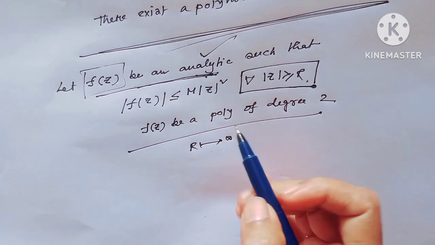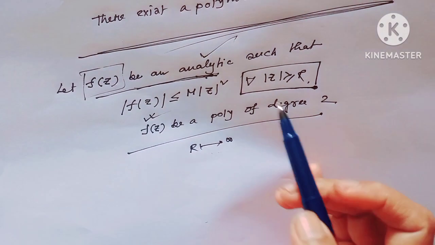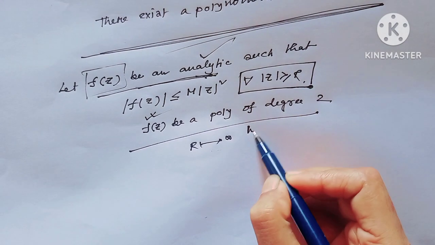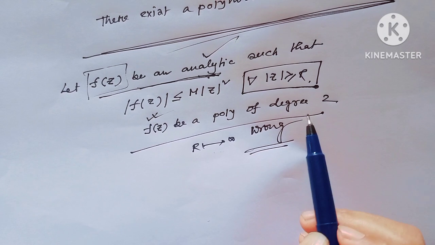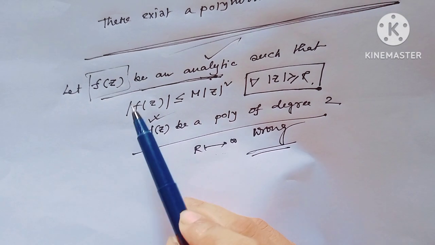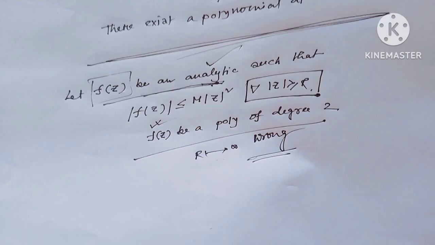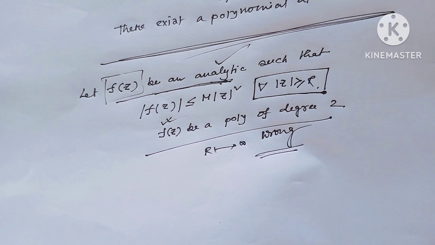So we cannot tell that f(z) is a polynomial of degree 2. So this answer is wrong. Obviously, f(z) is a polynomial of degree 2 when the given f(z) is an entire function. I hope all my viewers have understood this.